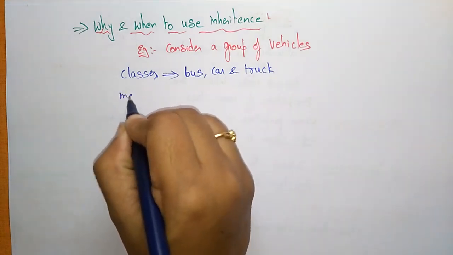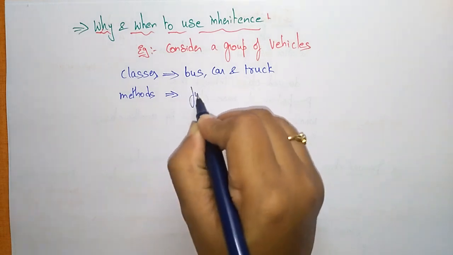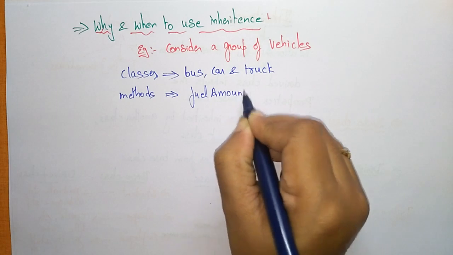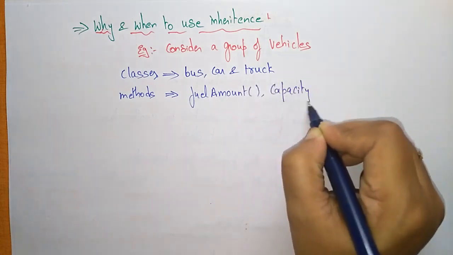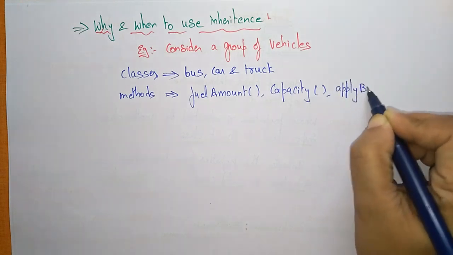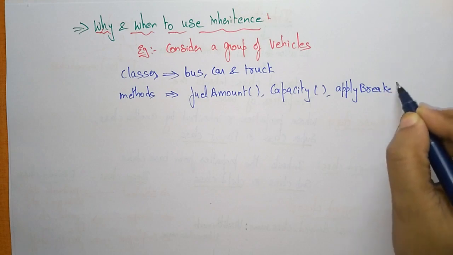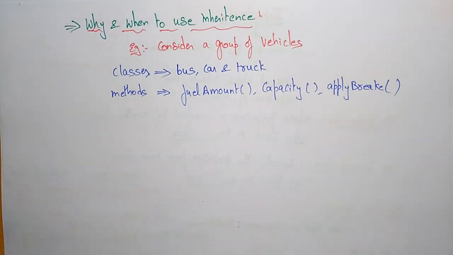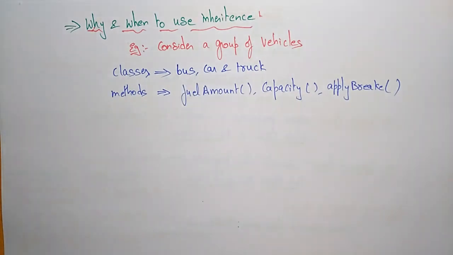Suppose the methods that you will use in these classes are fuel amount, capacity, and apply brakes. Here you just observe, bus, car and truck are a group of vehicles.